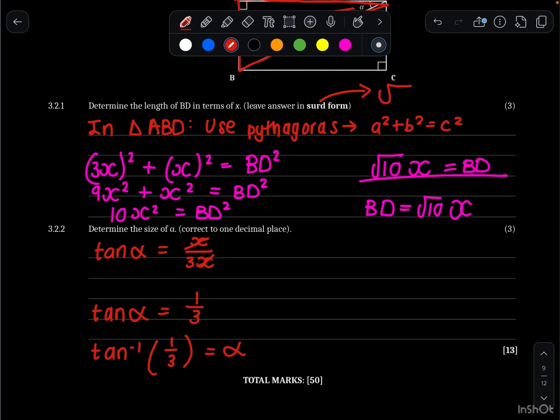Okay, so we're going to have alpha is equal to 18. But they want 1 decimal place. 18.4 degrees. And that is our final answer there. So alpha is 18.4 degrees.